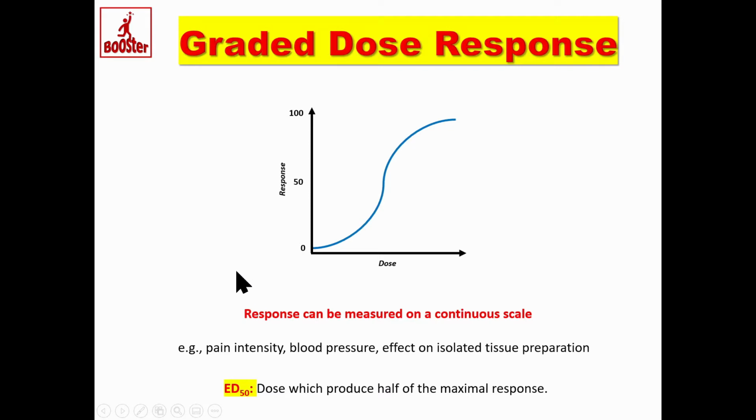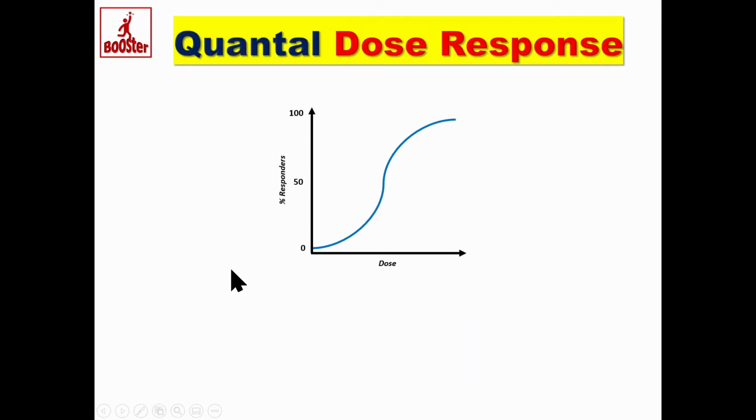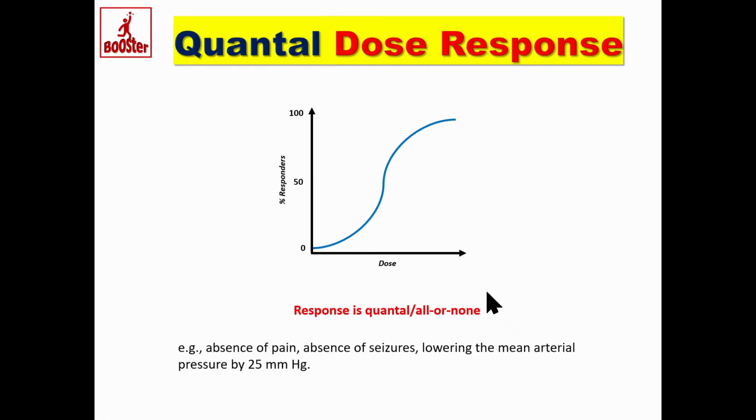So let's see what the quantal dose response is then. As I just told you, the fundamental difference between quantal and graded dose response is how you define the response. In this case, your response is a quantal, or all-or-none, event. For example, you might be interested in looking at absence of pain, like what dose causes an absence of pain or absence of seizures.